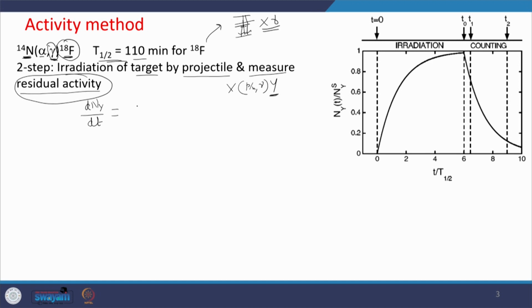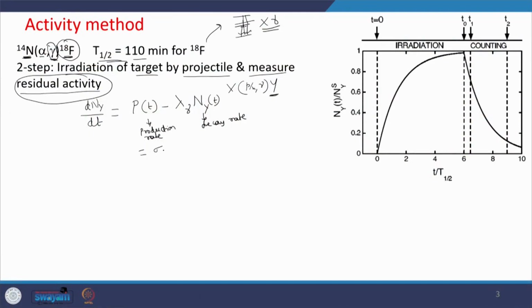It is equal to the production rate P as a function of t, minus the rate with which decay is happening via gamma emission. So, this is the production rate and this is the decay rate. The rate of production minus the rate of destruction, that means the rate of decay, gives us the time evolution of the residual nuclei.